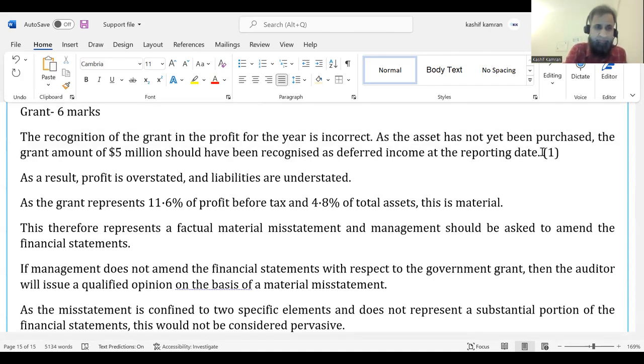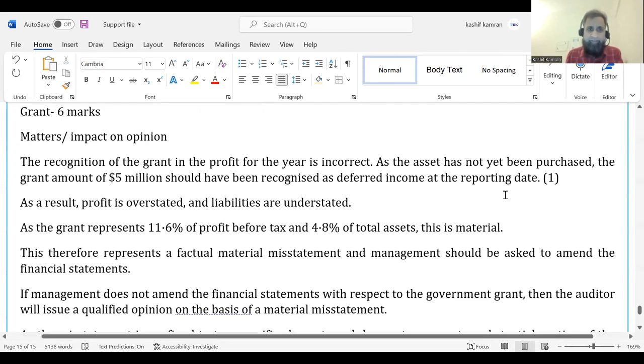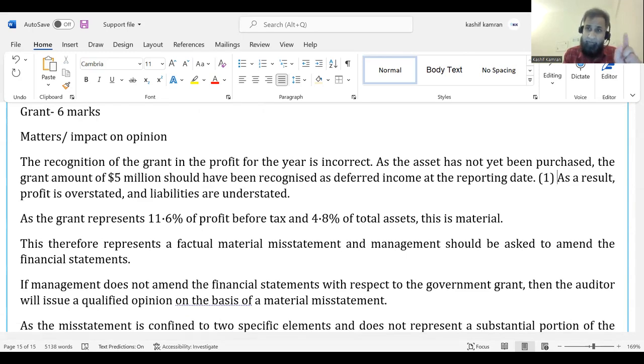Comment on the matters and impact on opinion. Second, as a result, profit is overstated and liabilities are understated. So have I given the impact on the financial statement when I was showing you the bullets? As a result, the profit is overstated and the liabilities are understated, 1 mark.